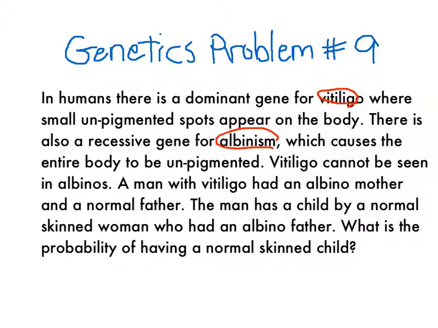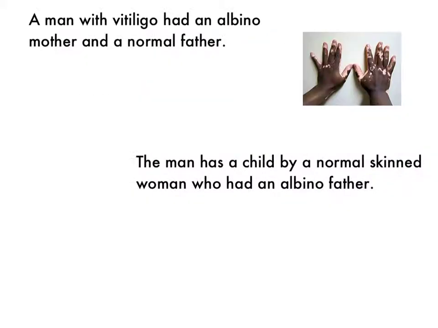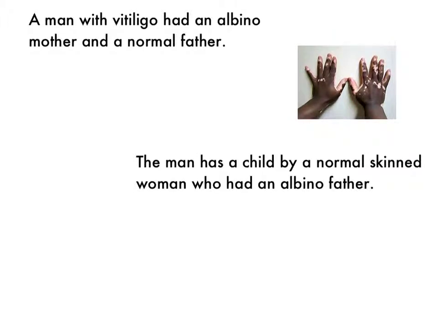So the first thing to do is figure out what the genotypes are. We know that vitiligo is dominant and albinism is recessive. So here's a picture of vitiligo. The man has vitiligo, and he had an albino mother and a normal father.